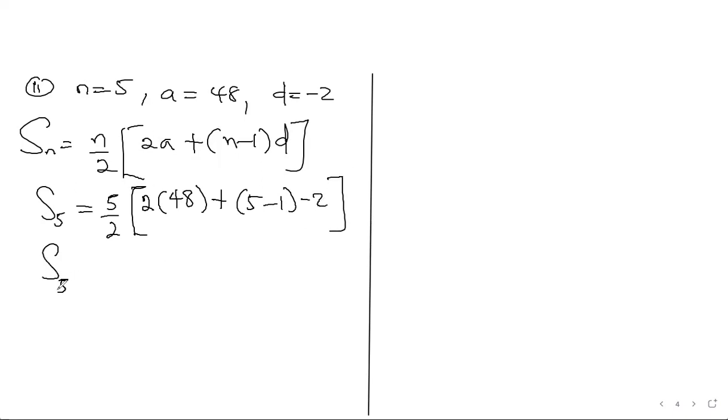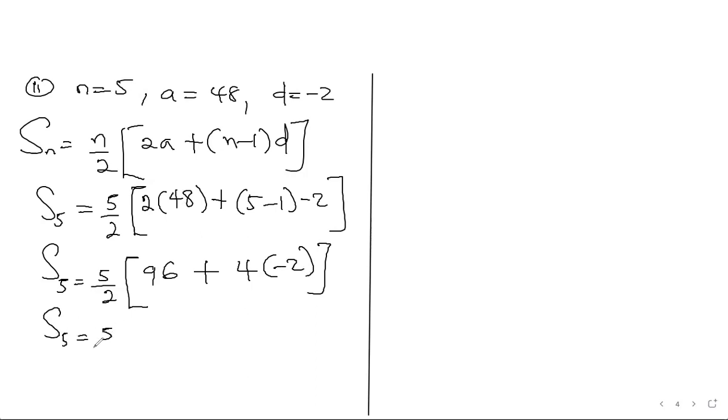Then S5 will be 5 over 2 into 48 times 2, so that will be 96, and then this will be plus 4 into minus 2. And S5 will be 5 over 2 into 96 minus 8.